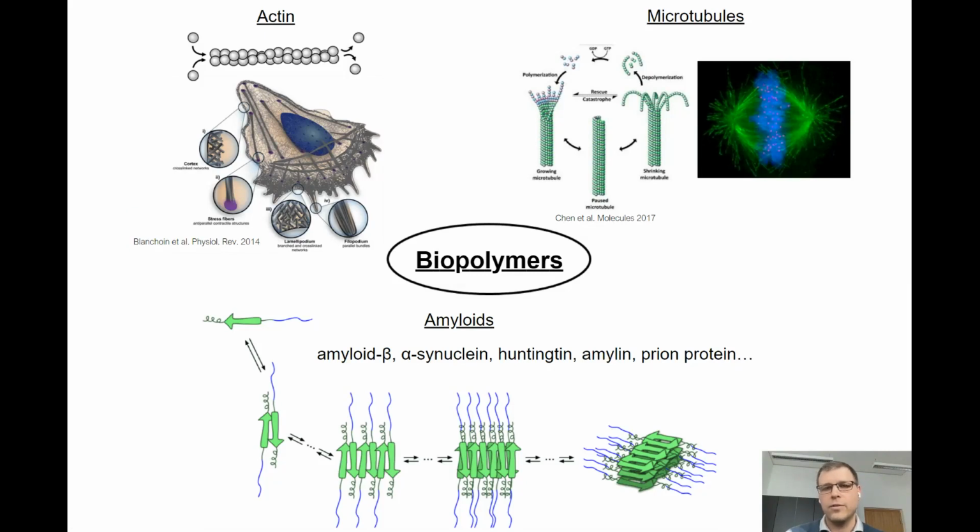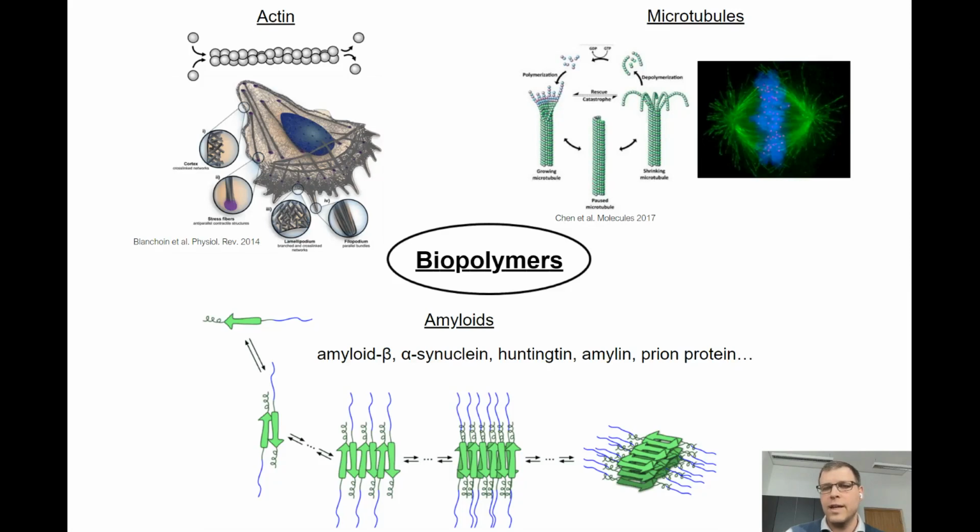They are important for a number of very prominent disorders, usually associated with the progression of the disease. The examples that I've listed here are important for Alzheimer's, Parkinson's, Huntington's disease, diabetes, and Creutzfeldt-Jakob's disease.